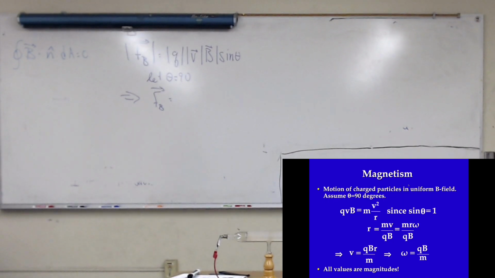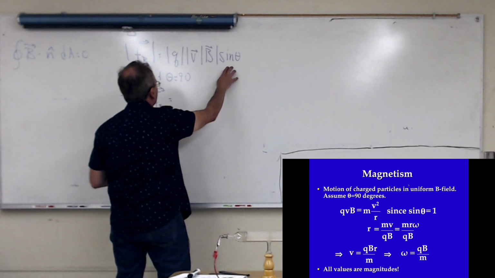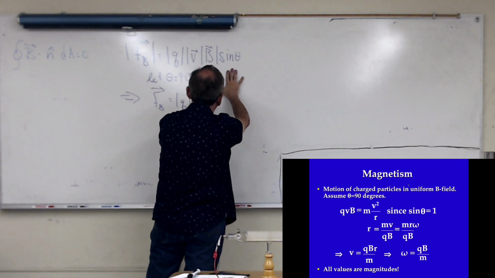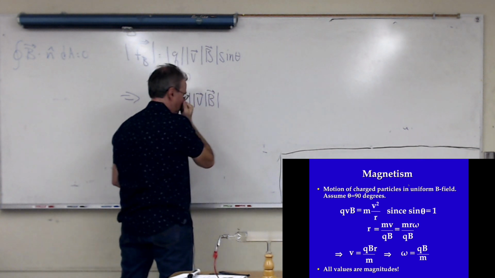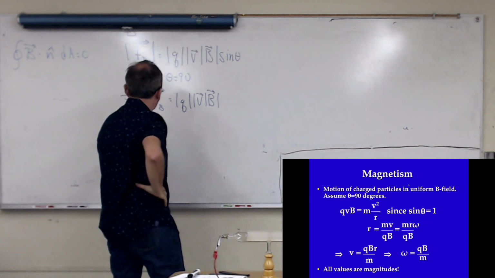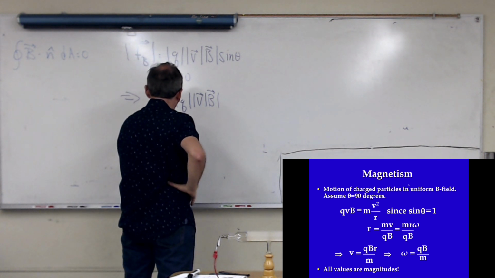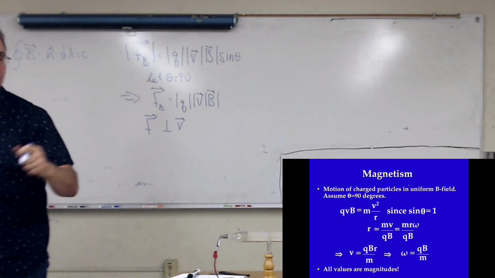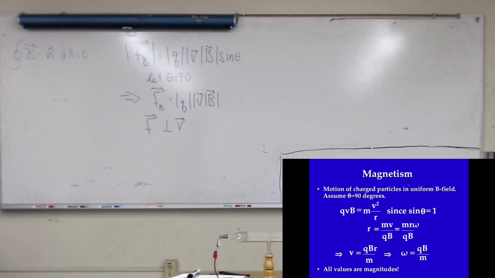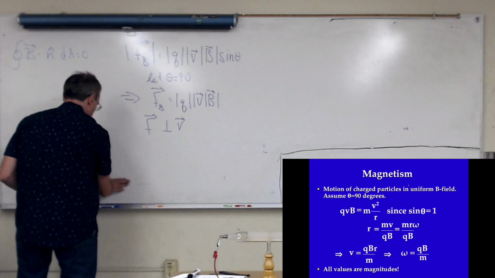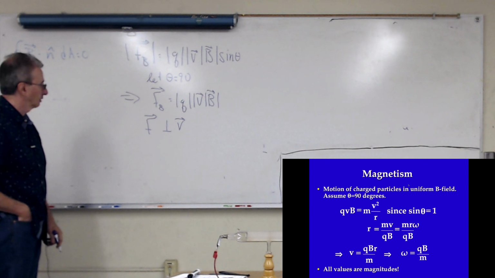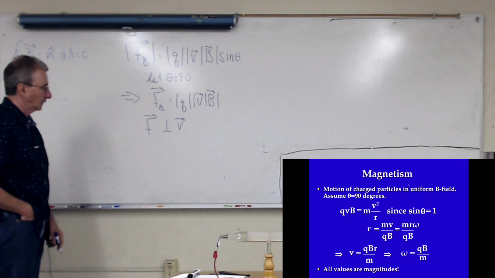Okay, so that means that F sub B, if I plug in 90, is Q V B. And F is always perpendicular to V. And you've done problems like this in Physics 205 where F was always perpendicular to V. That's circular motion.